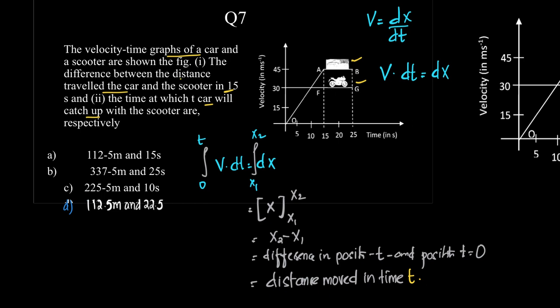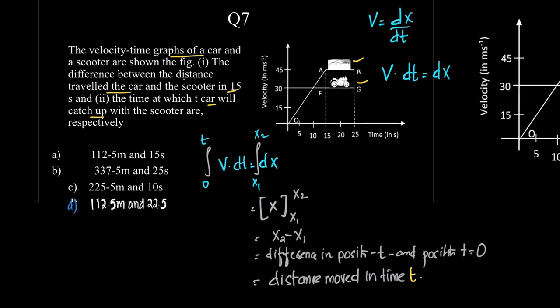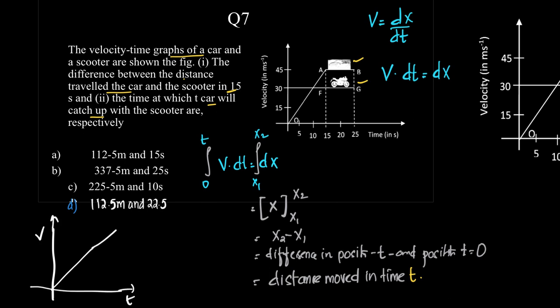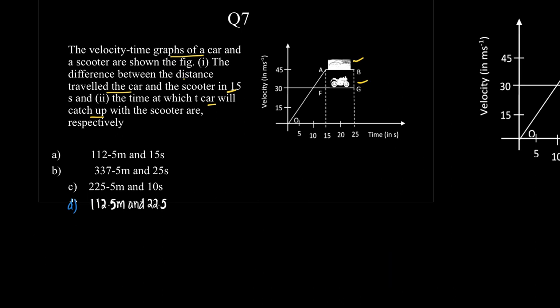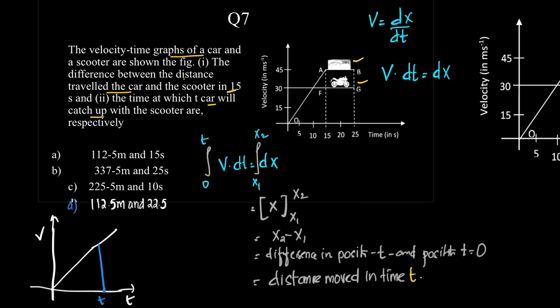Now what about the LHS? See, integral 0 to t v dt. Say for example, if this is the graph, right? This is velocity on the y-axis, time on the x-axis, and if this is the graph, what we need to understand is this. If this is from 0 to t, then integral 0 to t means this much area under the graph from 0 to t.